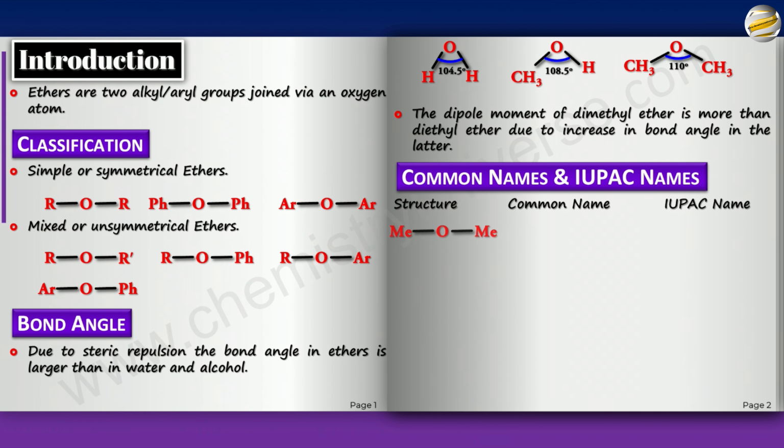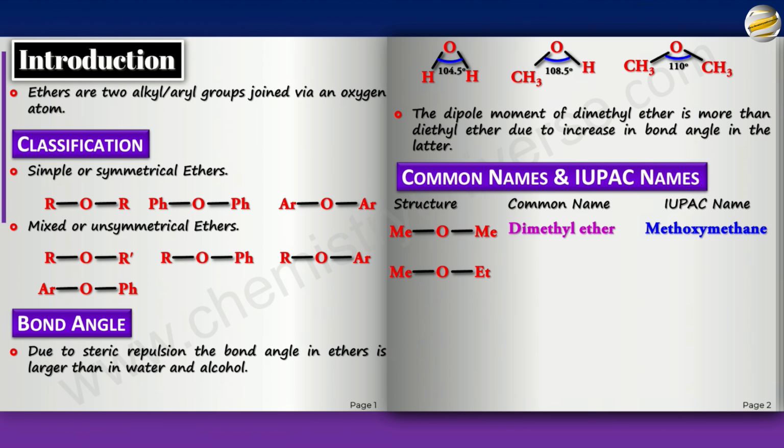So what do you think we'll call this as a common name? This is called dimethyl ether. And what do you think we'll call it in IUPAC? Well, what we do is we treat one methyl as the parent and this as the substituent. So this is called methoxy and this would be methane. So it's methoxymethane. All right. What about this one?